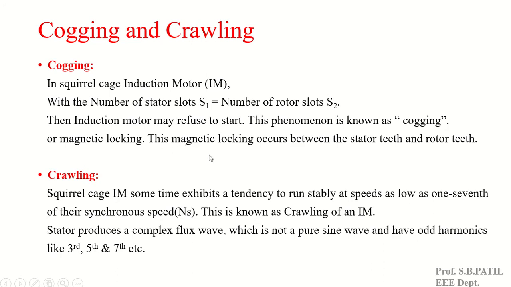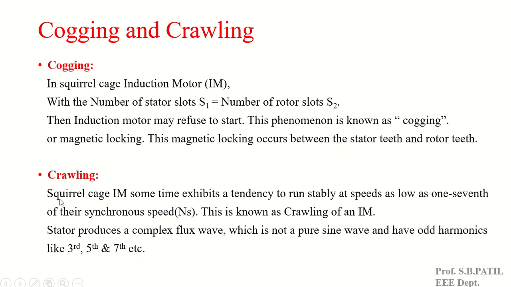This magnetic locking occurs between the stator teeth and the rotor teeth. Here, flux produced by the stator winding and flux produced by the rotor conductor, both the fluxes attract each other, and then magnetic locking takes place. This is known as cogging.